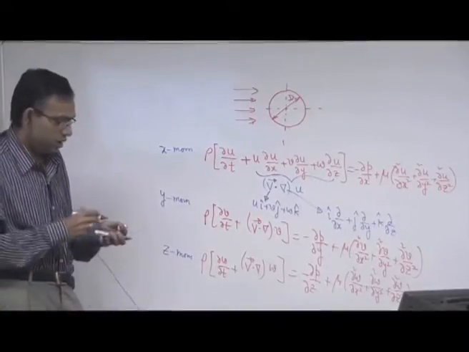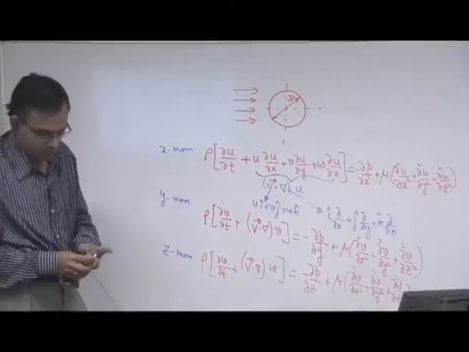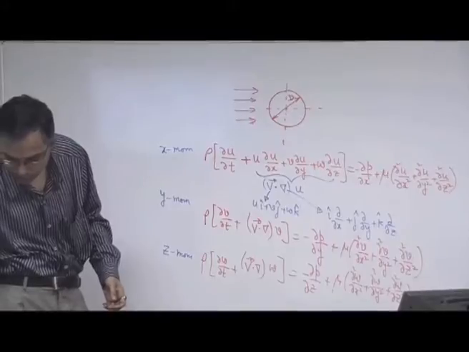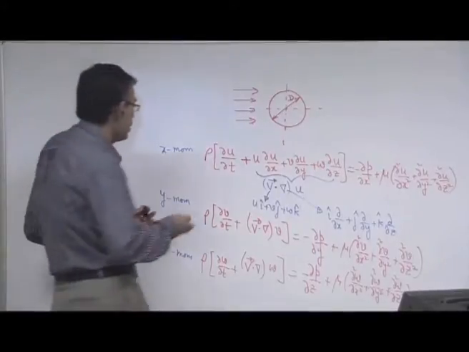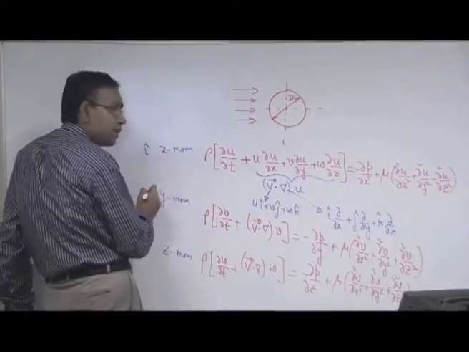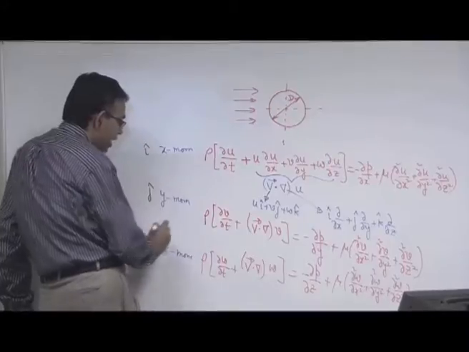And the z momentum, okay. Now what we do is we consider this into I cap, where I cap is the unit vector along x, this into j cap and this into k cap, and add.